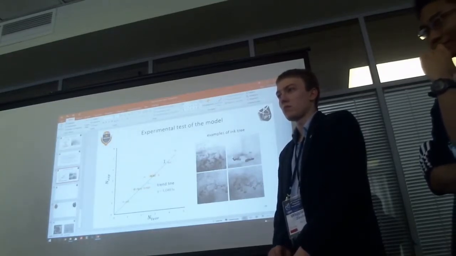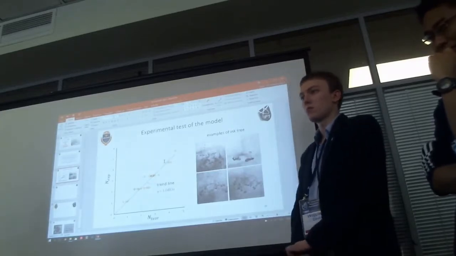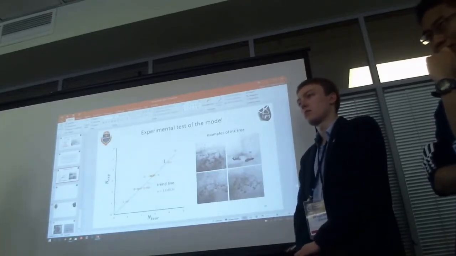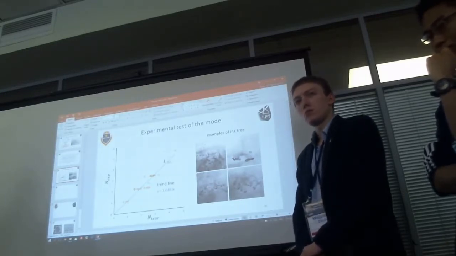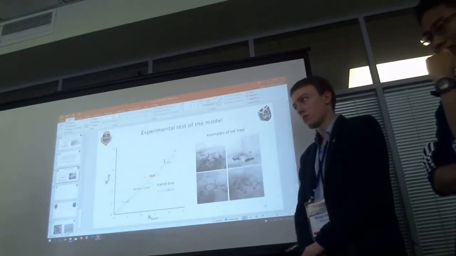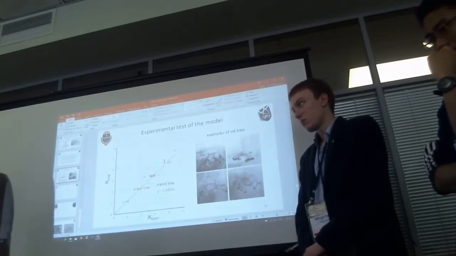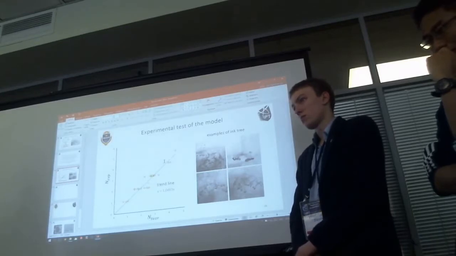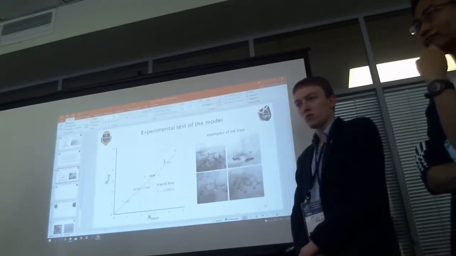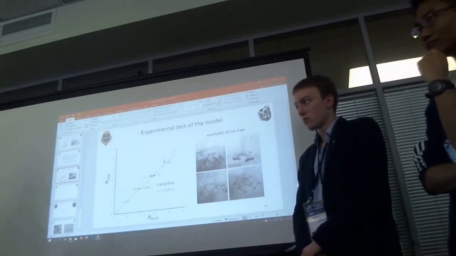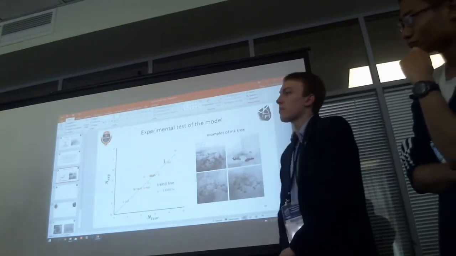My second question on the same thing: your expression theoretically gives an unlimited number of divisions. Yes, you can take a very large volume, for example. Can you give, for example, 100 divisions? No, it's because of the Reynolds number.